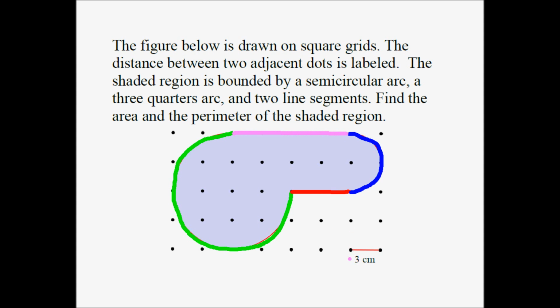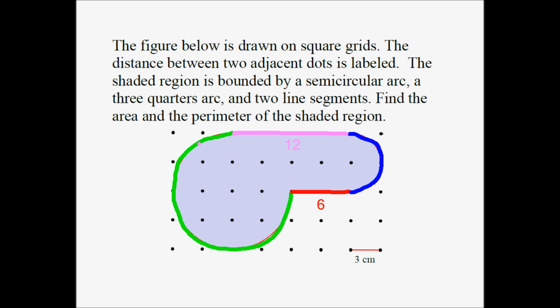Now, if this is 3, this red segment has to be 6. And the pink segment, if this is 3, 1, 2, 3, 4, 4 times 3 is 12. The pink segment has to be 12. I'm going to put it right here.